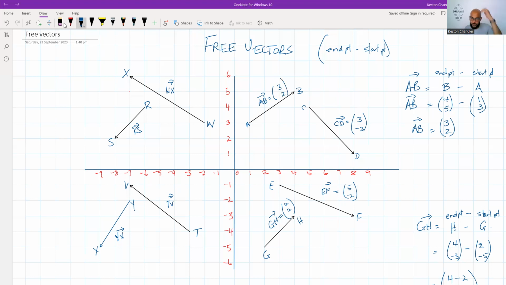This one was 3, 2. Right? YX, we're going to have -9 to endpoint -5, so -9 minus -7.